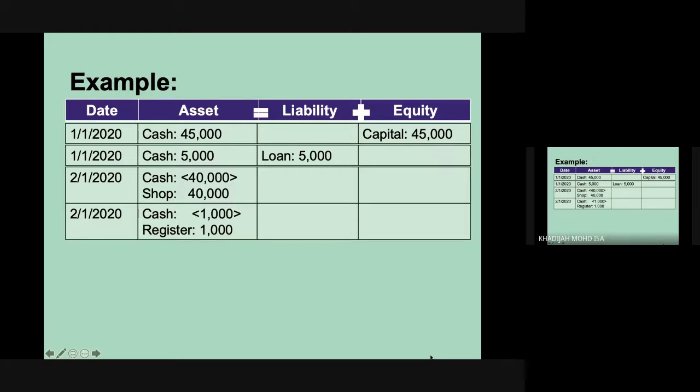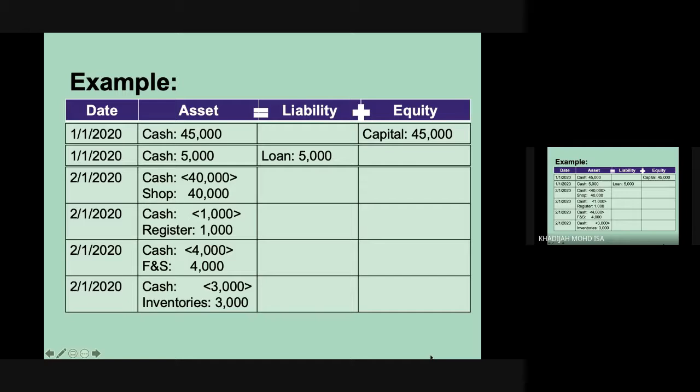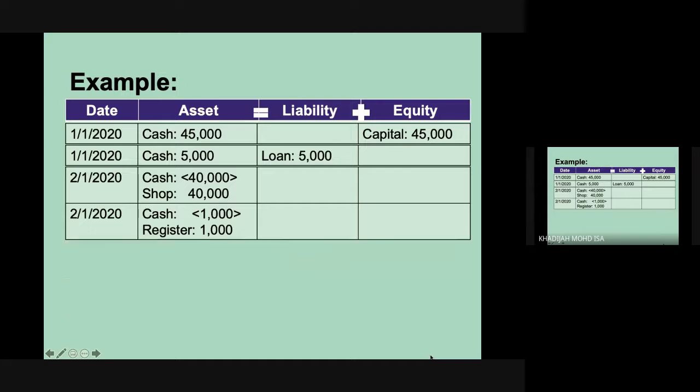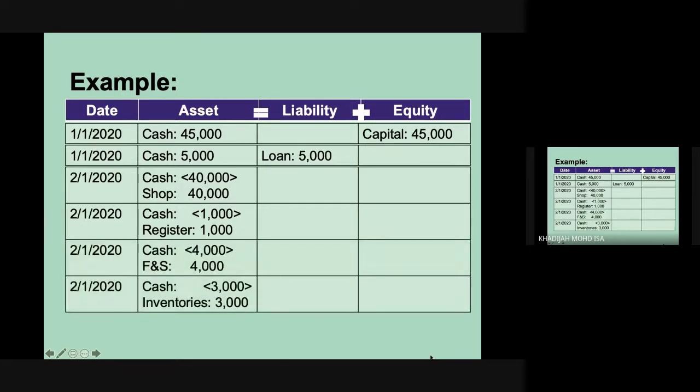So your cash is reduced another 3,000, and you have inventory of 3,000. Again, no changes on the liability and the equity side. Now both sides are still 50,000.